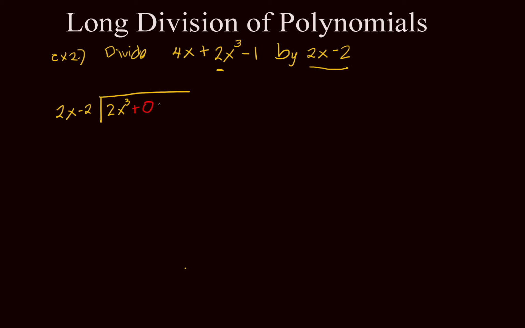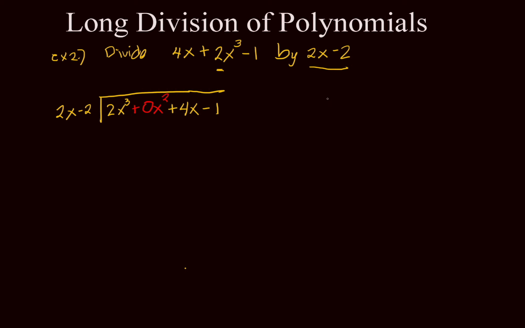So you'll have 0x squared, followed by your 4x. I'm just going to extend my box, minus 1. So I think we are now ready to do the long division of our polynomial.